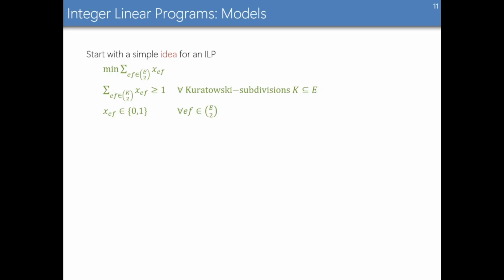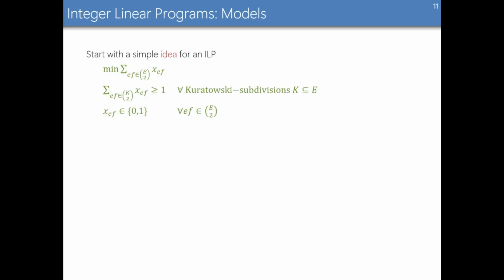For each Kuratowski subdivision, I write an equation that just says, well, consider all the crossings I could have between edges of this subdivision. Since this subdivision is not planar, there needs to be at least one crossing amongst these edges. And that's all that this constraint tells you. The sum of these variables needs to be at least one. And that's the system that you want to solve.